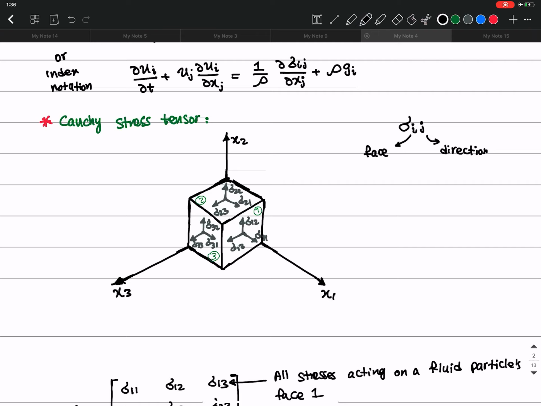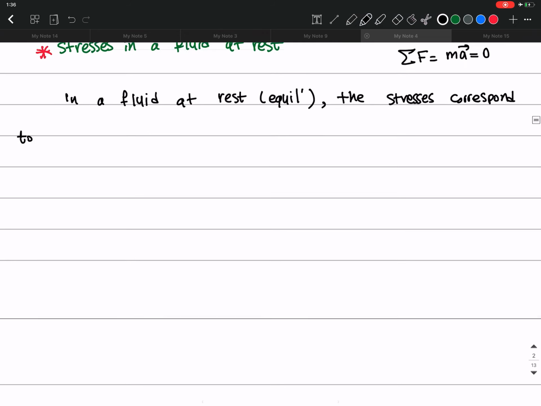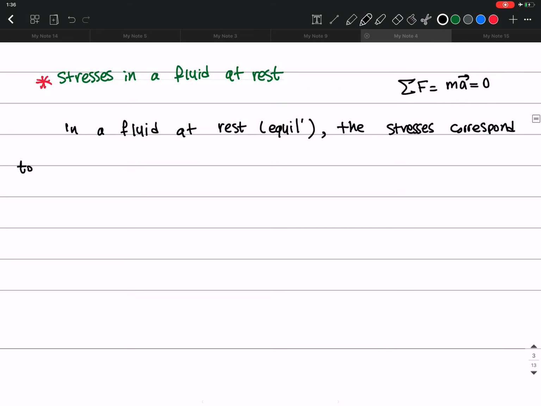So what are the contact forces that are imposed on the surface of this fluid particle here? Yeah, it is pressure.